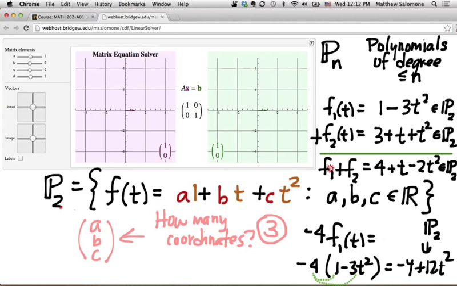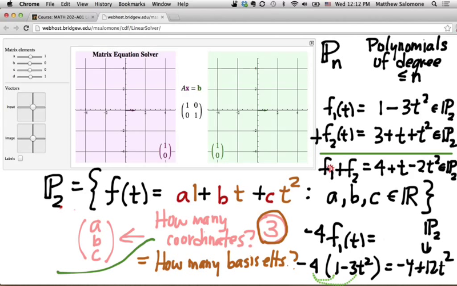Ultimately, this is going to be the same thing as how many elements there are in our basis. How many building blocks? How many basis elements? Is also 3. And this number is an important invariant property of our vector space called its dimension.